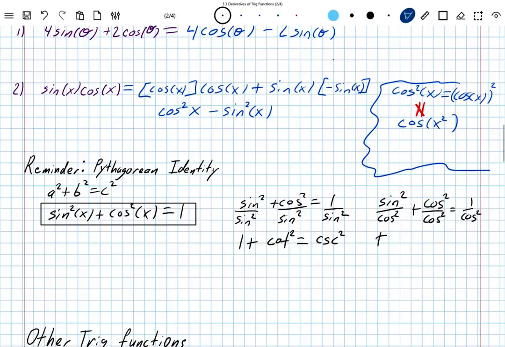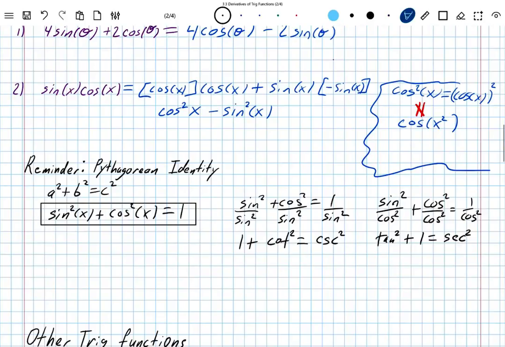That is going to be tangent squared plus 1 is equal to 1 over cosine, which is secant, so that's going to be secant squared. Yeah, tan squared plus 1 is secant squared, sometimes written as secant squared minus 1 is tan squared. Point being, if you just remember that Pythagorean identity, which makes sense if you know your right triangles, then these other seemingly mysterious identities just pop right out from that.